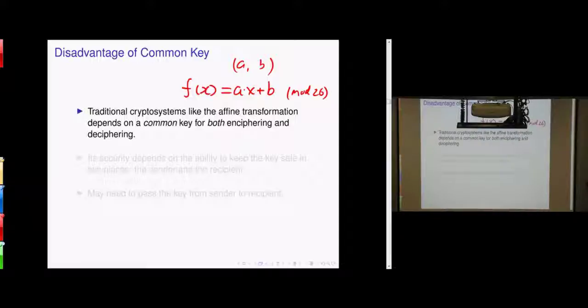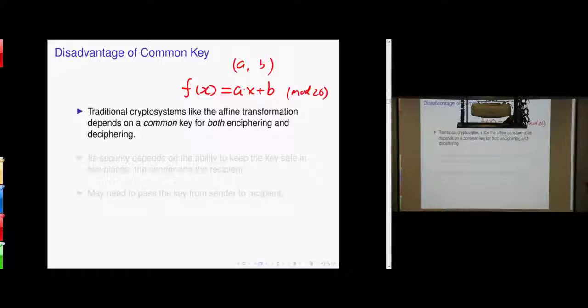So these are the old or traditional crypto systems. For example, the affine transformation is something like this. It depends on a common key for both enciphering and deciphering. So the pair a, b is important, both for me, who codes the message, and for you, who decodes the message. So this is the common key. Now this slide is trying to say that there are some problems. This is not very good.